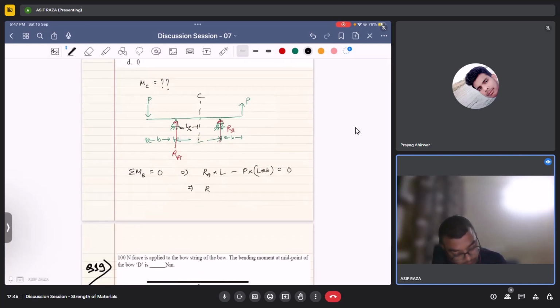This would give me RA is equal to P times L plus B by L. I'll just keep this as P times L plus B by L.